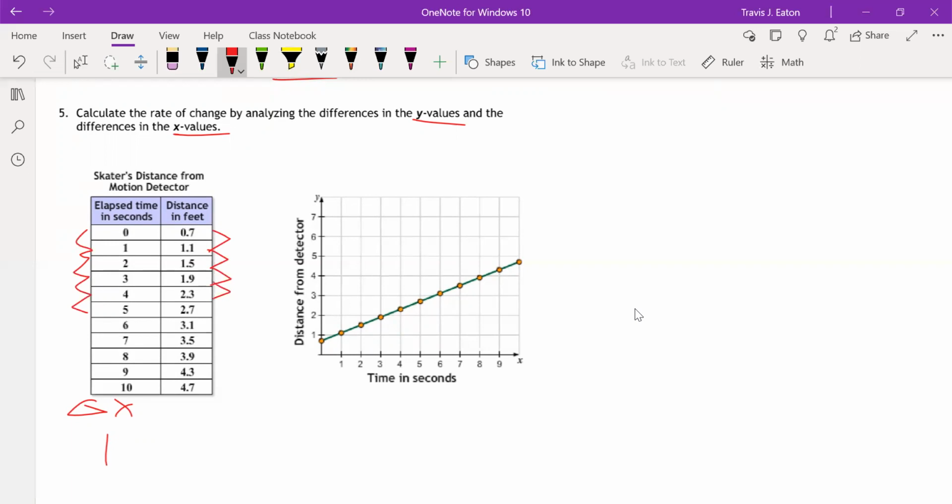How much does y change as x changes by 1 every time? So you go from 0.7 to 1.1 to 1.5 to 1.9. What is the change in y? Thank you. Yes, 0.4.